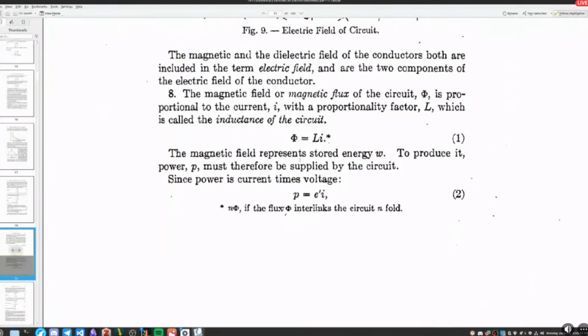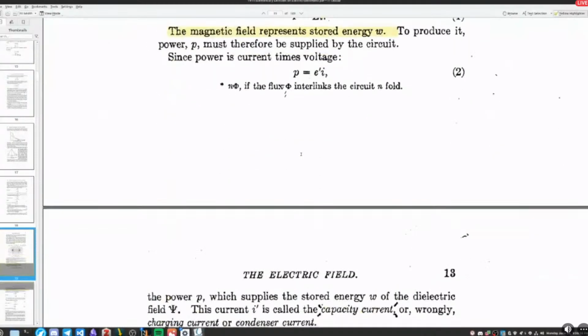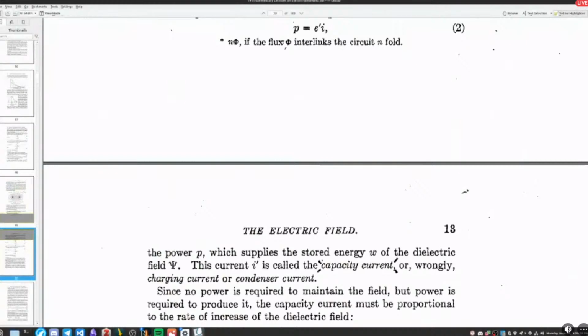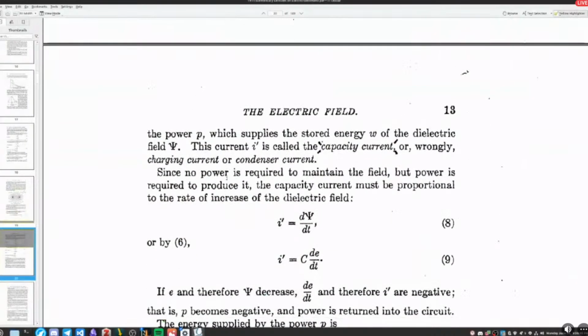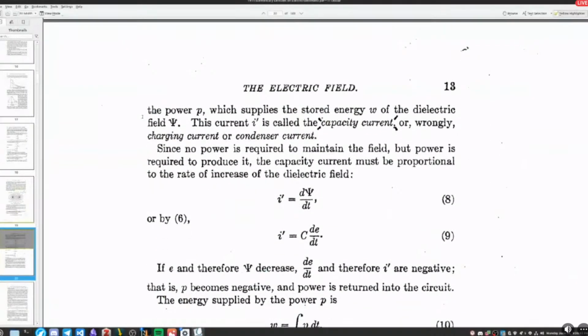Phi equals inductance times I. The magnetic field represents stored energy W. To produce it, power P must therefore be supplied by the circuit, since power is current times voltage: P equals E prime I. Notation N phi if the flux interlinks the circuit N fold.